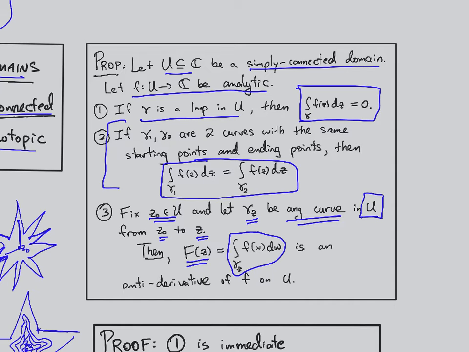And this turns out to give an antiderivative of f on all of U. So the point is we get global antiderivatives on simply connected domains.